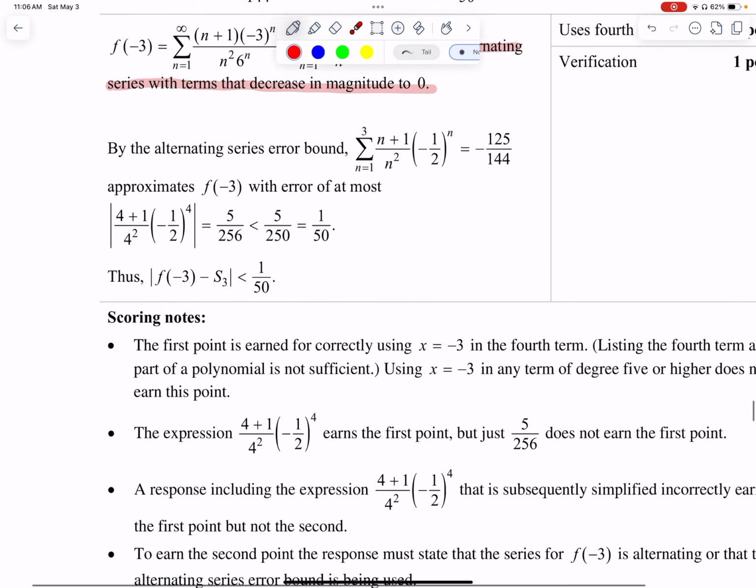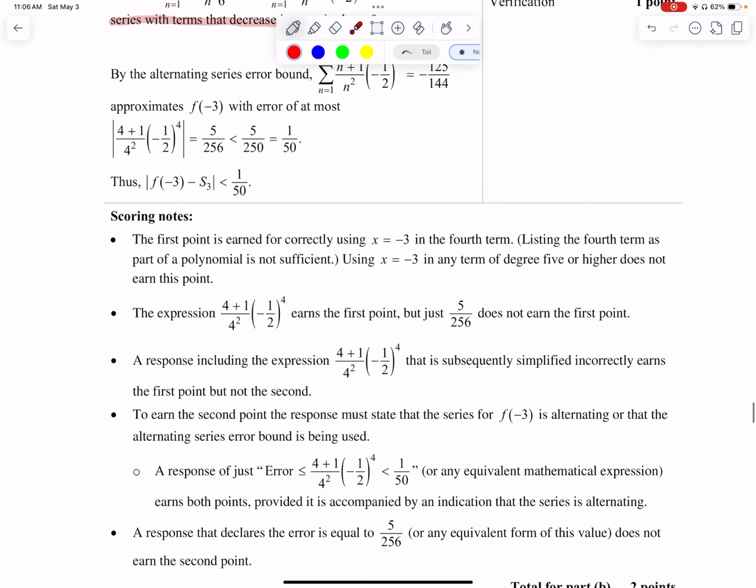Okay, there you go. So, scoring notes wise, first point is earned for correctly using x is equal to -3 in the fourth term. Listing the fourth term as part of a polynomial is not sufficient. It has to be actually simplified, I guess. Using x is equal to -3 in any term of degree 5 or higher does not earn this point, obviously.